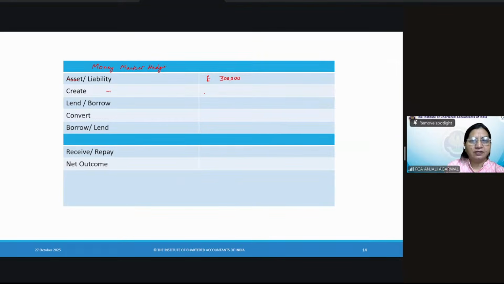So we create an asset opposite. So create an asset, that means invest in pounds for 180 days. That means the deposit rate in UK will be applicable.